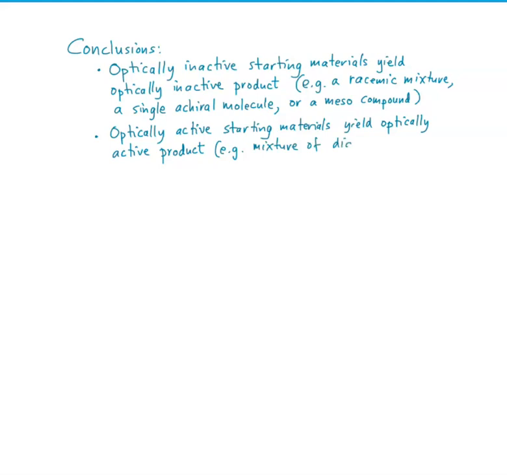So that's one possibility. Another possibility, a single chiral molecule. And a third possibility, which we won't be seeing at this level, would be enantiomers, but formed in unequal amounts. Okay, so the one that you would focus on, though, would be the mixture of diastereomers. That's the most likely result that you'll see.